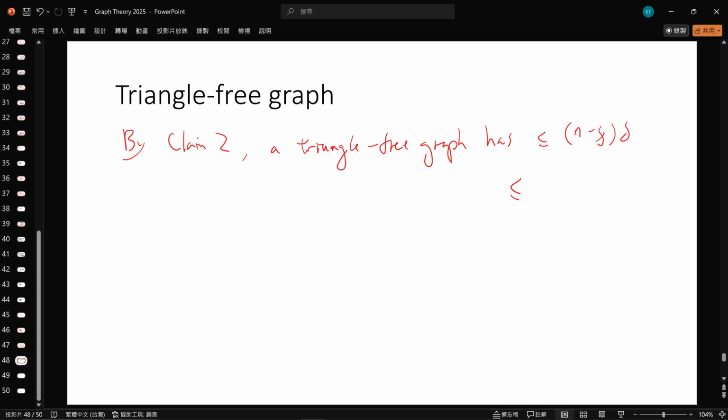And this is maximized when delta equals n over 2. So this immediately gives us claim 1.